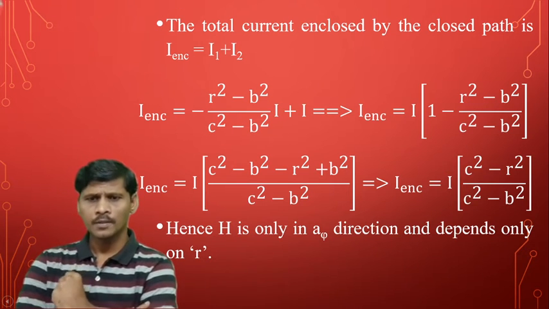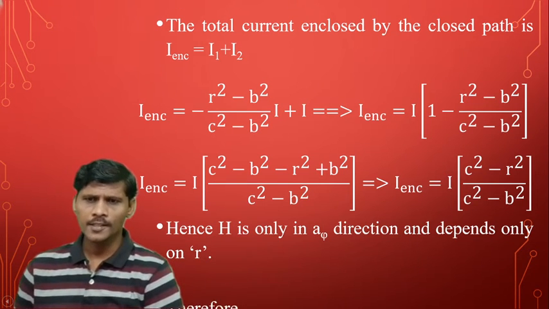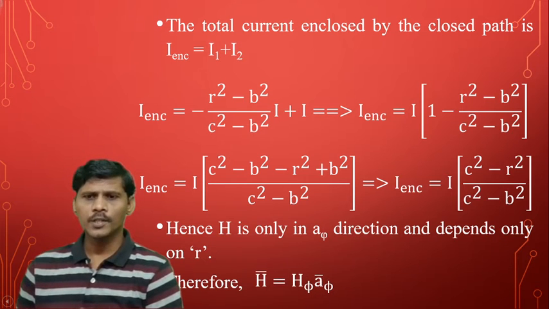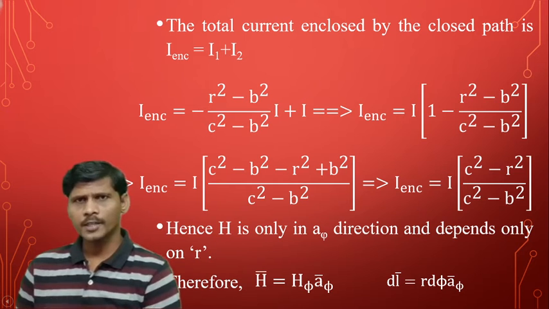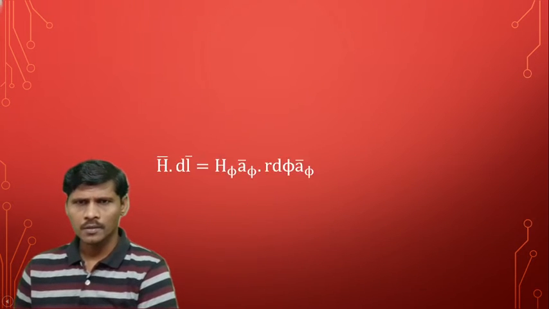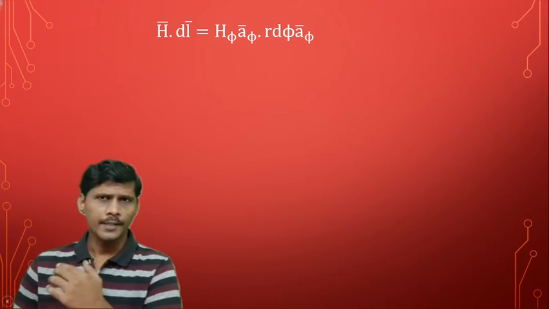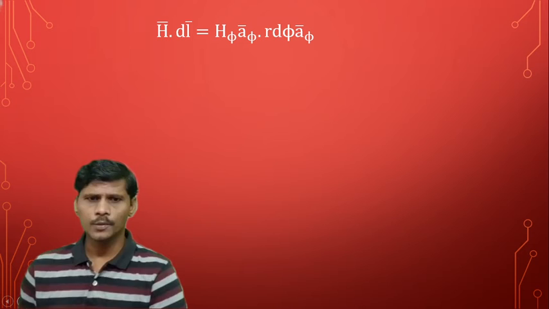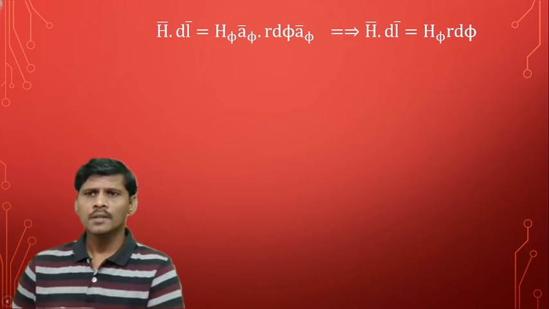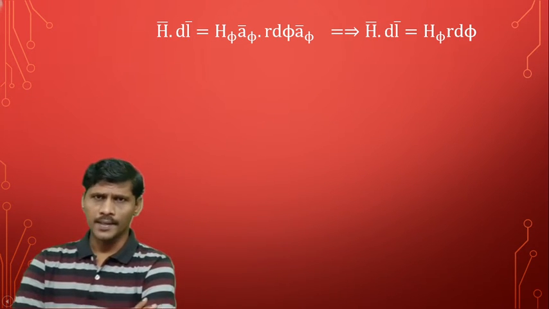So the magnetic field intensity H bar is equal to H phi into a phi bar, and dl bar is equal to r d phi into a phi bar. Now take the dot product of H bar dot dl bar. H bar is H phi into a phi bar and dl bar is r d phi into a phi bar. So we get H phi r into d phi.